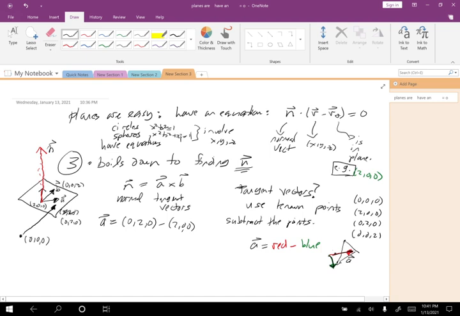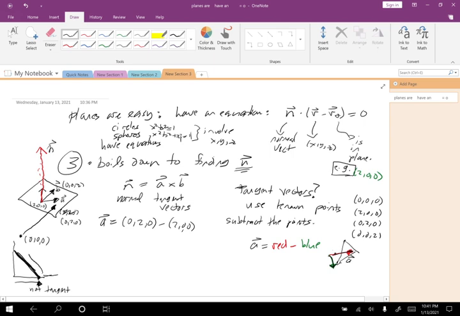Right, because remember, the blue vector points to a point in the plane, but it's not a tangent vector. Like, to illustrate this situation again, if you go back to 2D and we have a line, then this vector that points to a point on the line is not tangent.